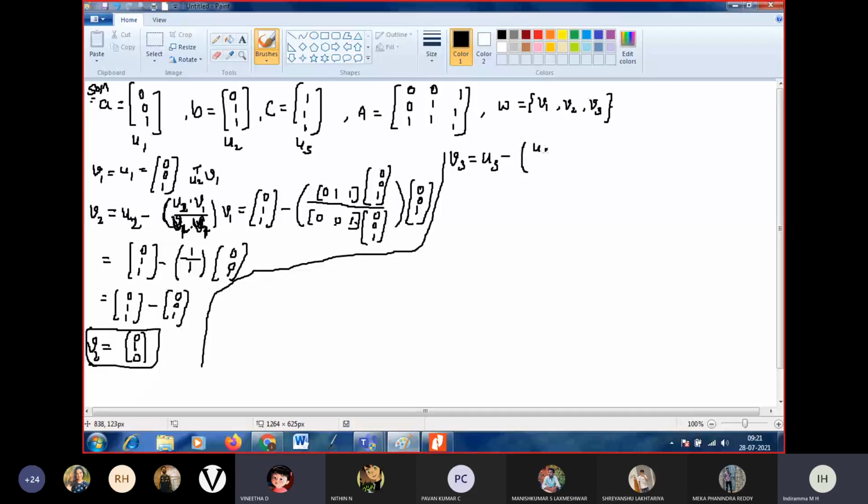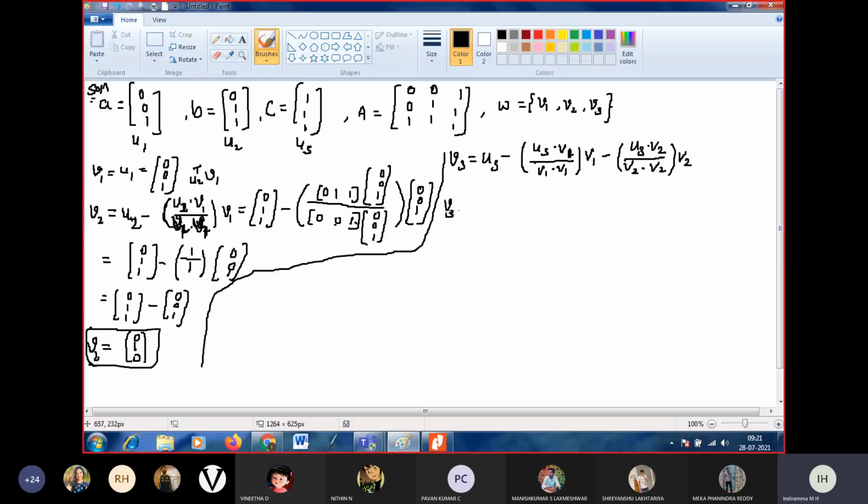U3 dot V1 divide by V1 dot V1 into V1, minus U3 dot V2 by V2 dot V2 into V2. Okay, now substitute the values.